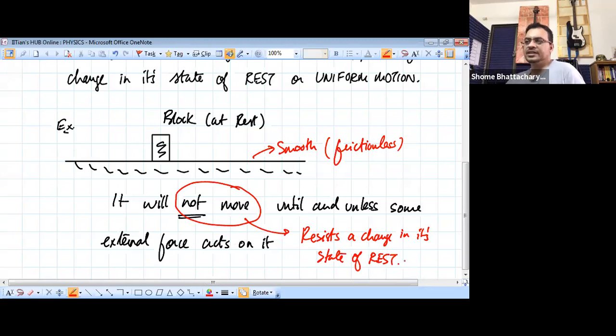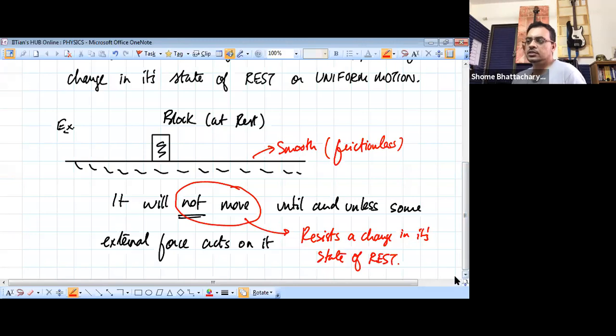So a body having more mass has more inertia compared to a body having less mass, because it will require a larger amount of force to make its state of rest change compared to the body of lighter mass. So this type of inertia is called the inertia of rest. When a body is at rest, the property whereby it opposes the change in its state of rest is called the inertia of rest.